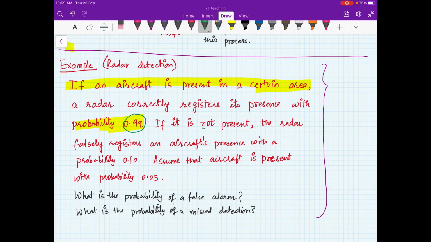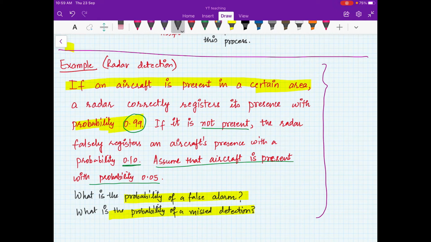If it is not present, because the radar is not 100% efficient, sometimes it will falsely register the presence. If it is not present, the radar falsely registers the presence with a probability of 0.10. Next, assume that the aircraft is present with a probability of 0.05. The question is, what is the probability of a false alarm and what is the probability of a missed detection?